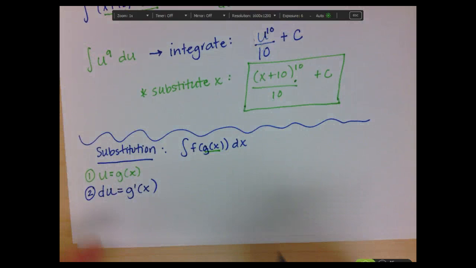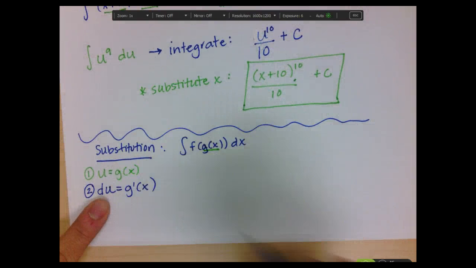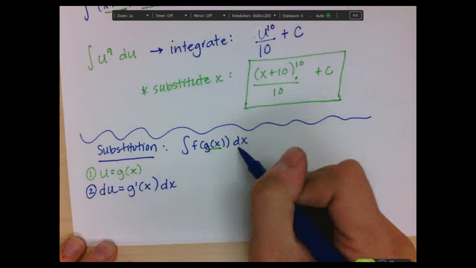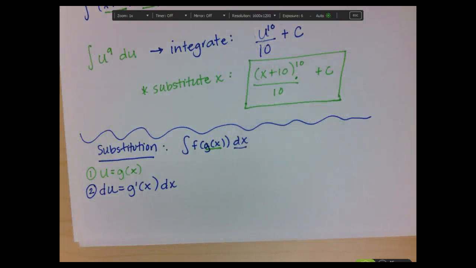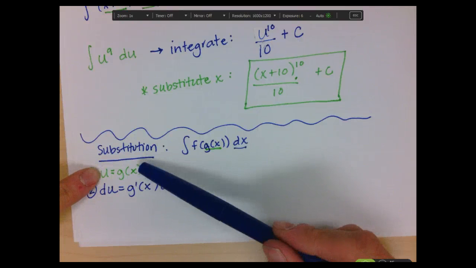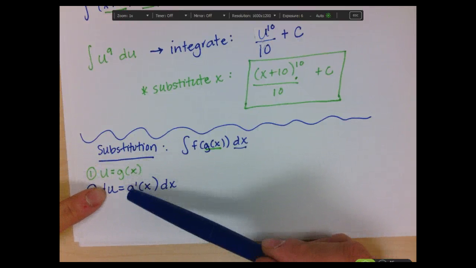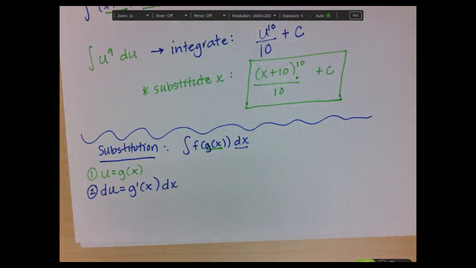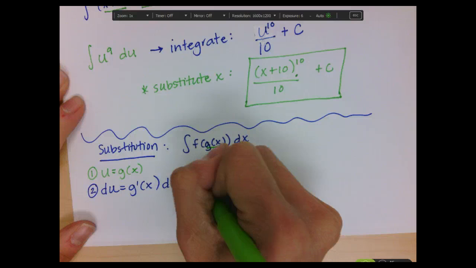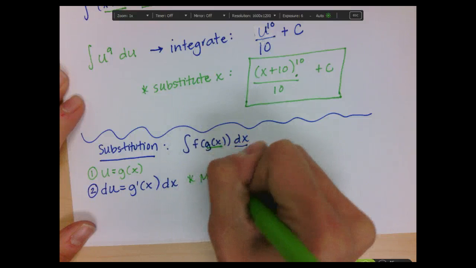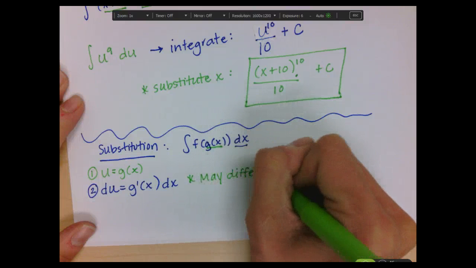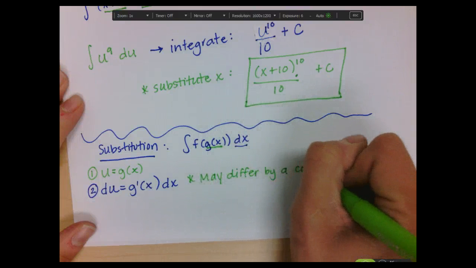So if you find the derivative of u, you're going to find the derivative of g and multiply it by dx. So you're also going to be making a substitution for dx as well. And if you select a u where its derivative is something that also appears in the integrand, then you're in good shape. Now, you'll see in a second, in an example that I do, that this may differ by a constant multiple.